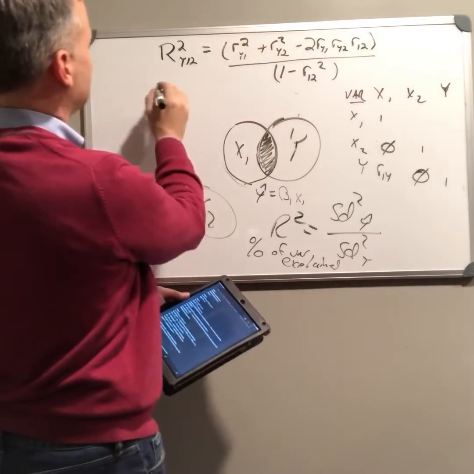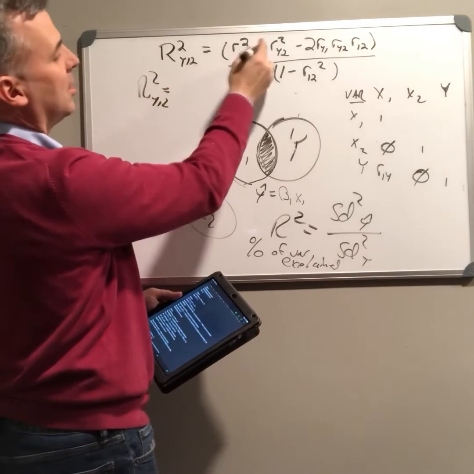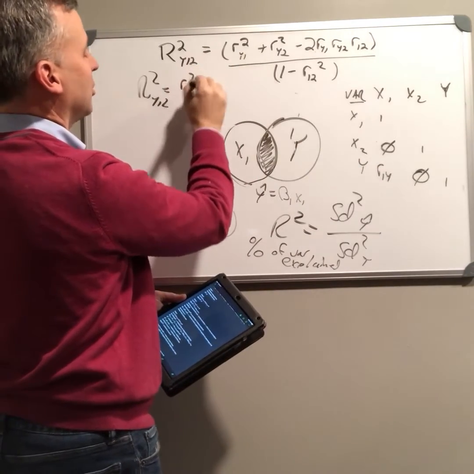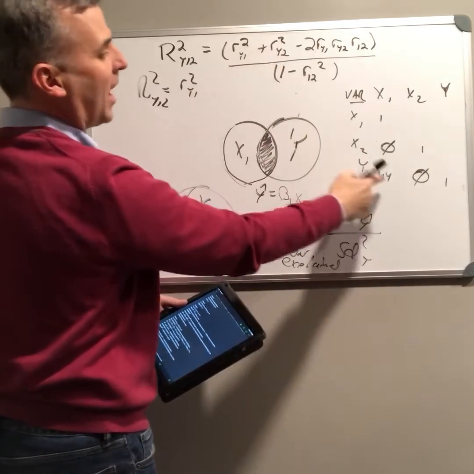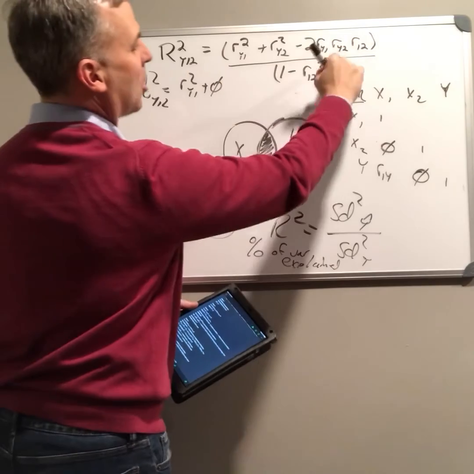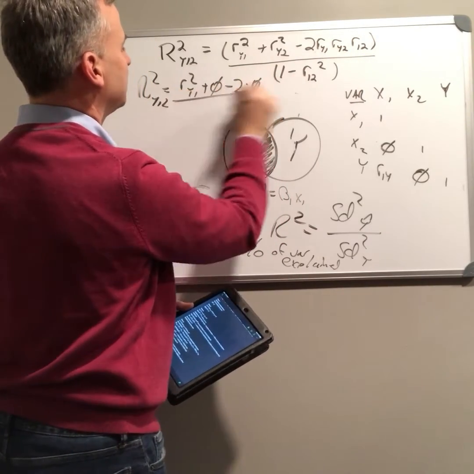Now let's look at how this equation then wraps out of this. So in this case, r squared y12 becomes, now we have a relationship here. So we hold on to r squared y1, and we say ry2 goes to 0. This all goes to 0 because anything times 0 is 0.